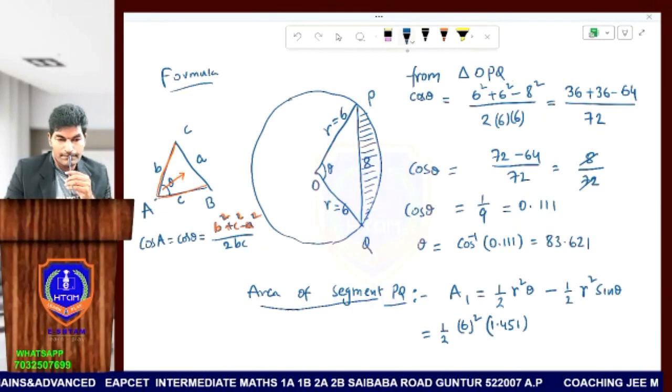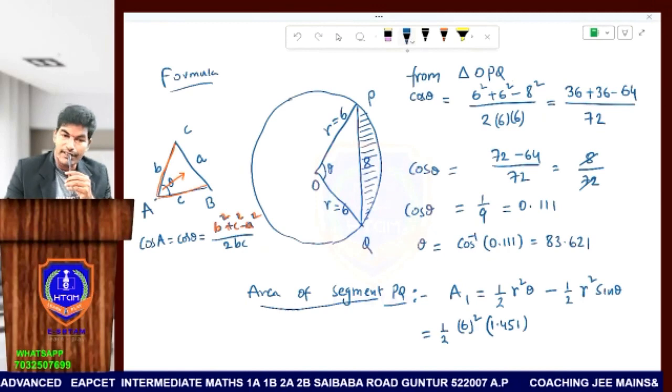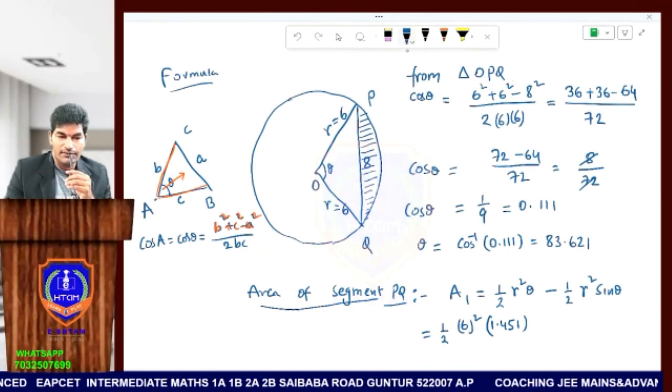Don't write 83 degrees here. If it is a trigonometric function, just write down the angle in degrees, and it will give you the approximate value. But here, in theta, you can convert this 83 degrees into radians and you will get this value.